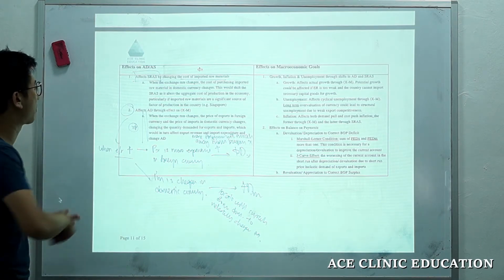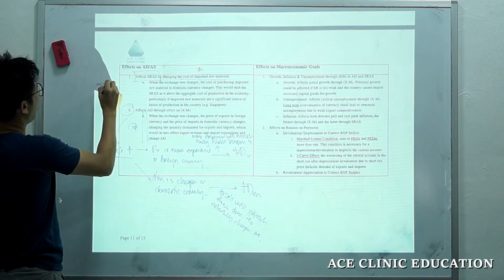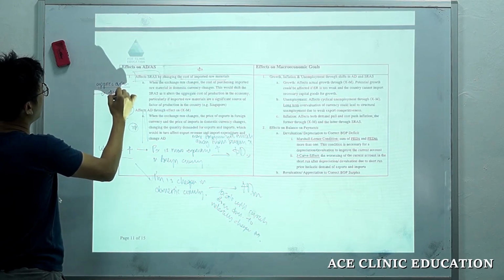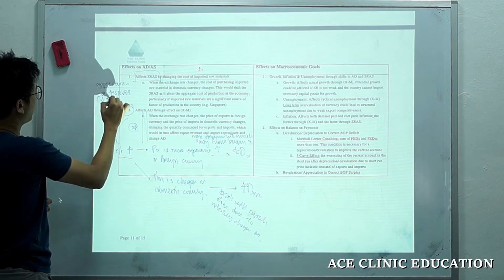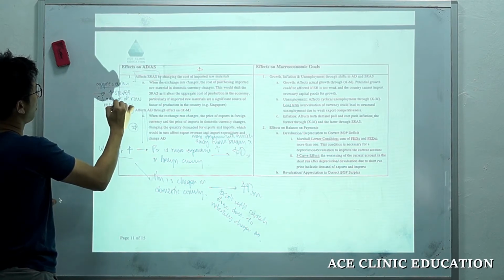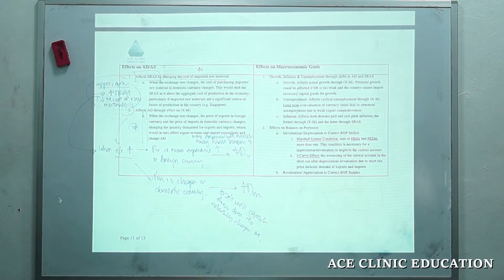Like appreciation, very simple. If you appreciate, then by right your SRAS will increase, as it will shift downwards because of a fall in imported cost of raw materials. So this will happen alongside whatever we described here.